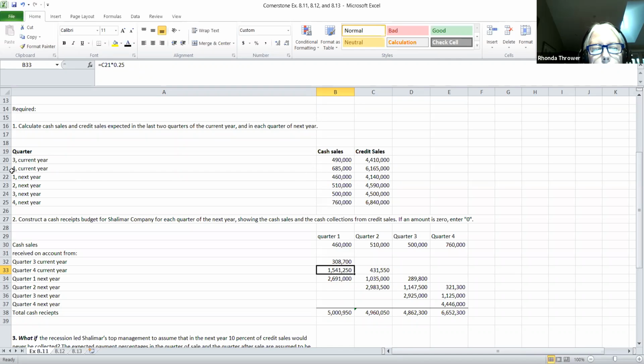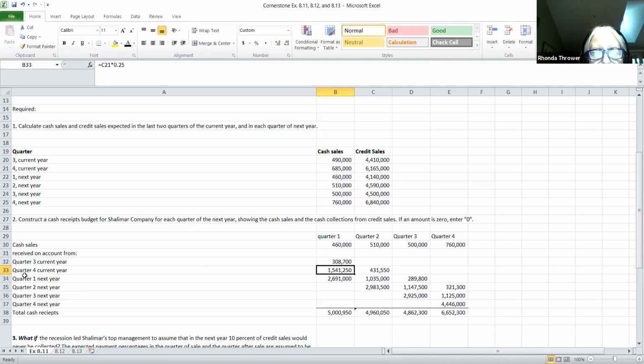So C21, which is this, times 25% is how I got this amount that we are collecting in quarter one of the next year. There's a pattern to this.